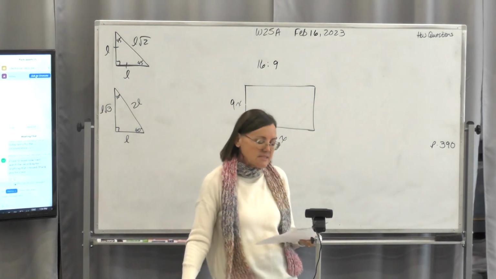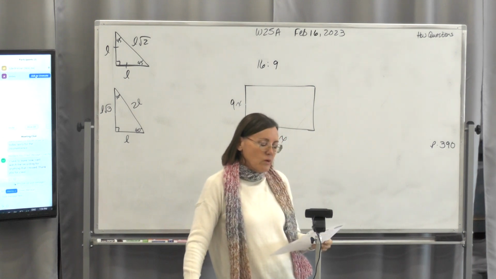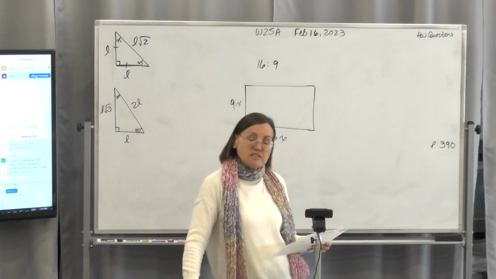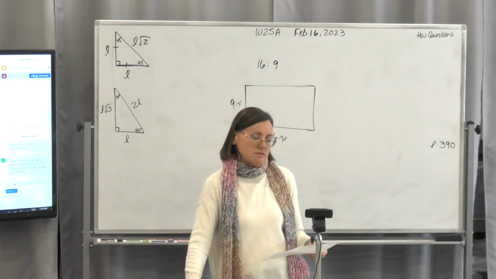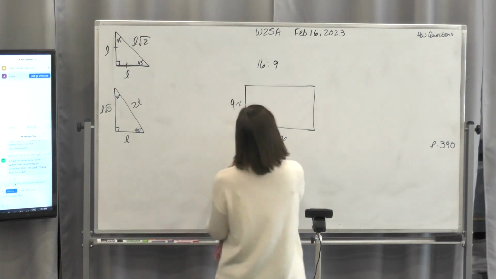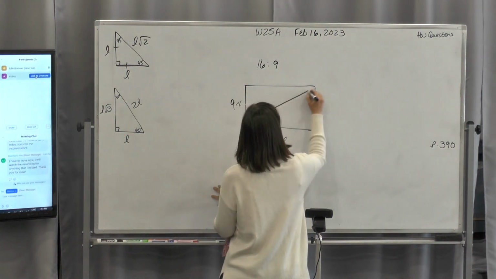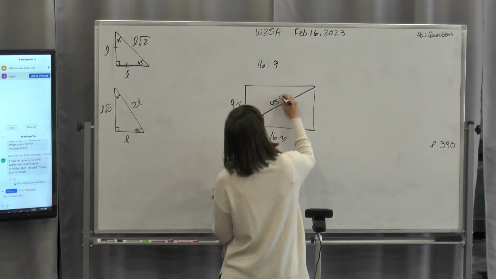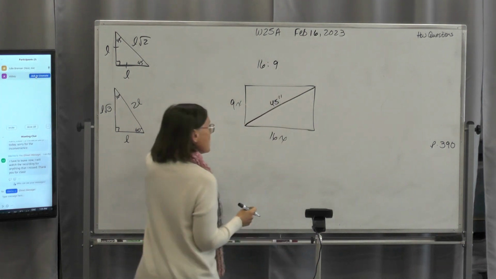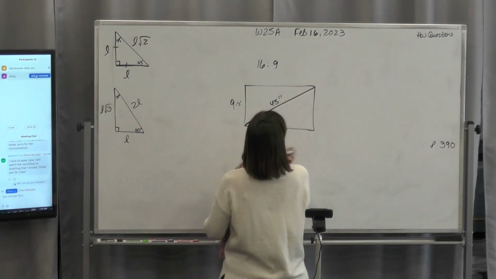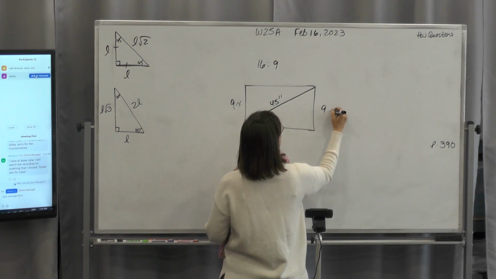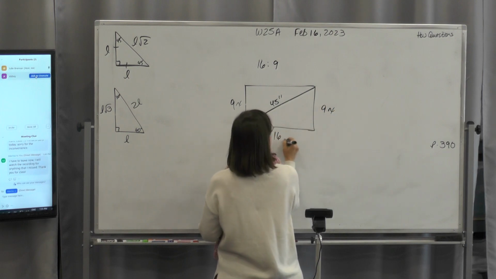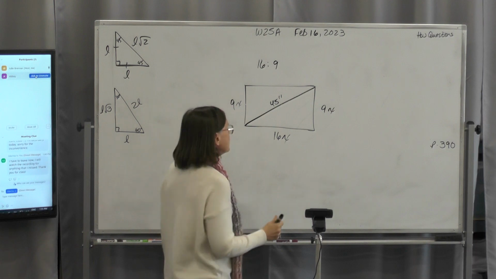So it says, what are the length and width of a 45-inch widescreen television? A 45-inch by today's standards is small-ish. We've got 9 times 16. There's my triangle.